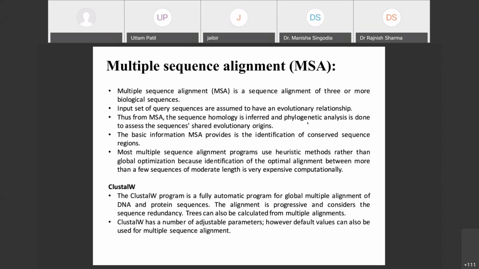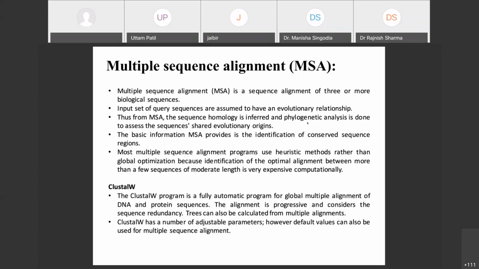So what kind of programs are available? The first one is ClustalW. ClustalW is a fully automatic program for multiple alignment of DNA and protein sequences. The alignment is progressive and considers sequence redundancy. So if two sequences are redundant, they will come into one very easily.